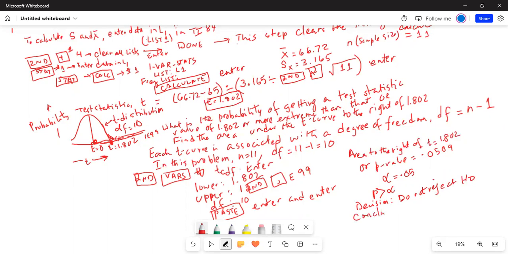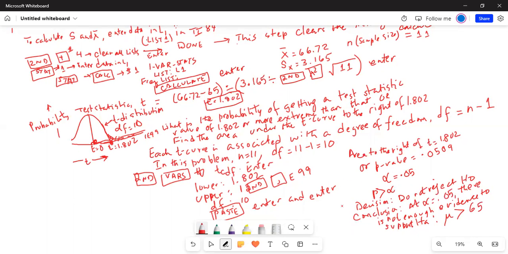Conclusion: at alpha equal to 0.05, there is not enough evidence to support HA. Evidence: because we did not reject H0, we cannot support the alternate HA, which states mu greater than 65.